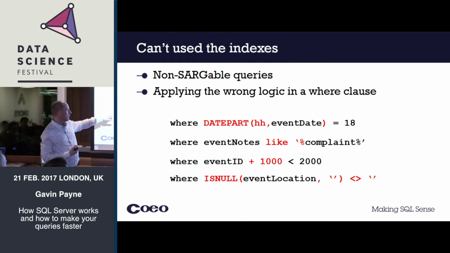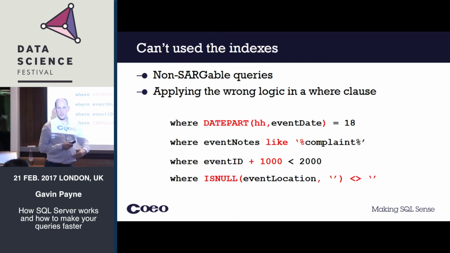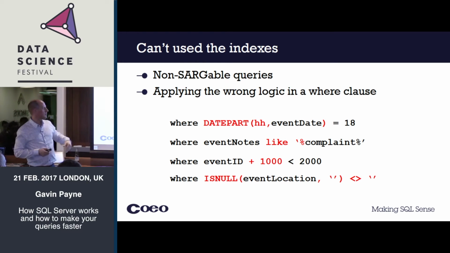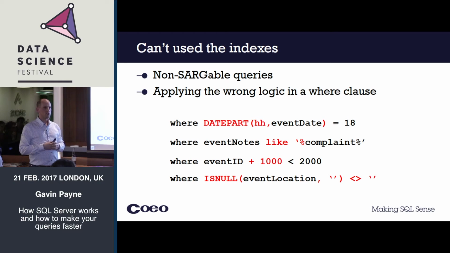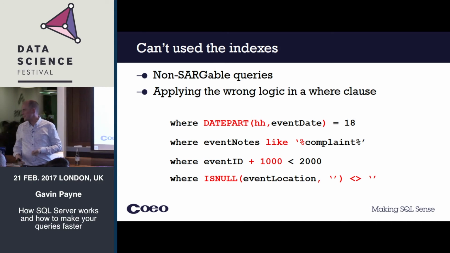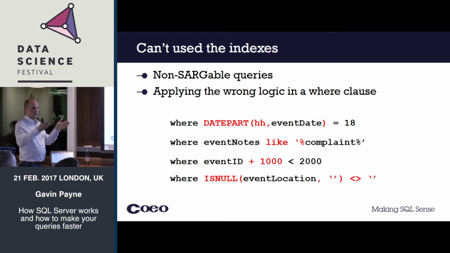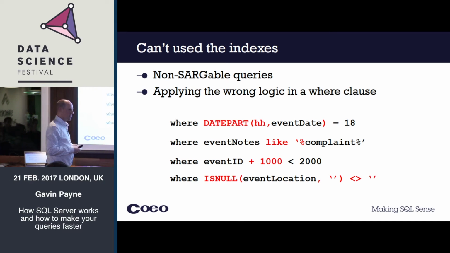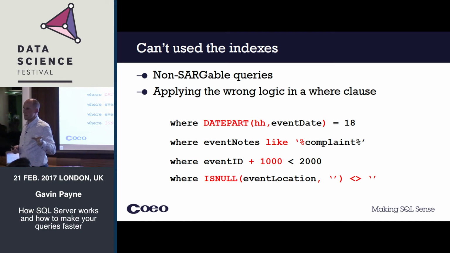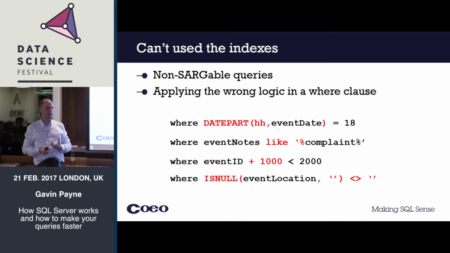There are some wildcard searches that can't be indexed. What we're saying here is find all the event notes which start with anything but end in the word complaint. You can't index for starts with anything. So SQL Server has to manually go through every row to see if this string is somewhere in that row, and we're not telling it where it might be.